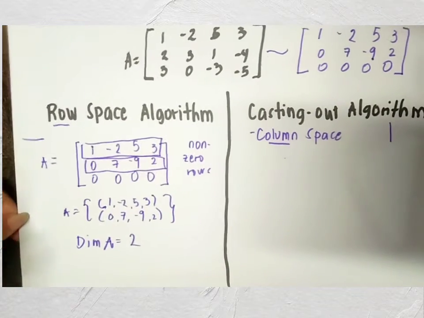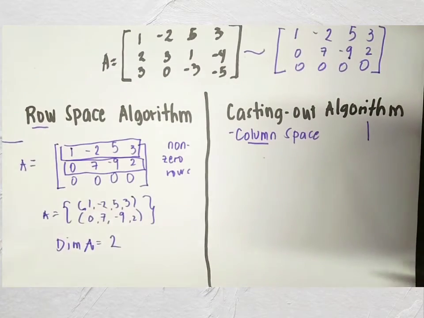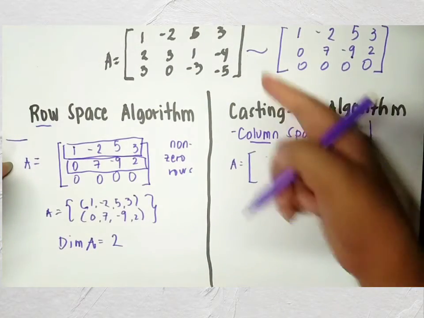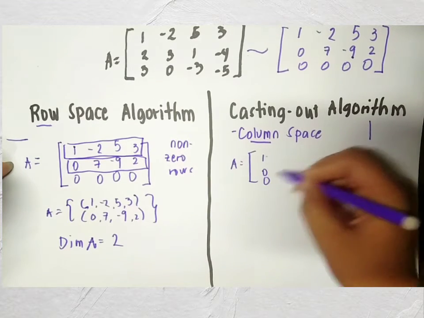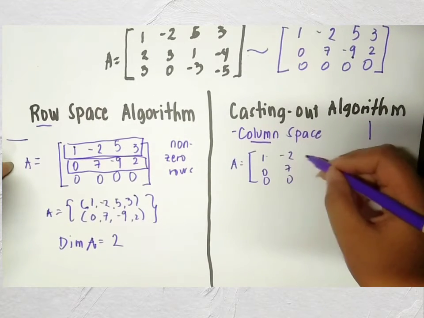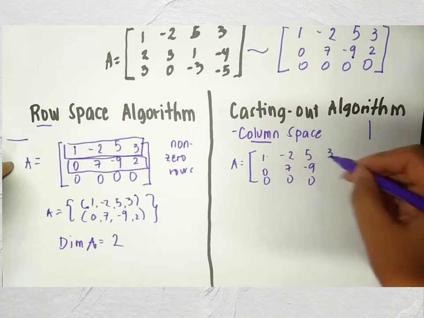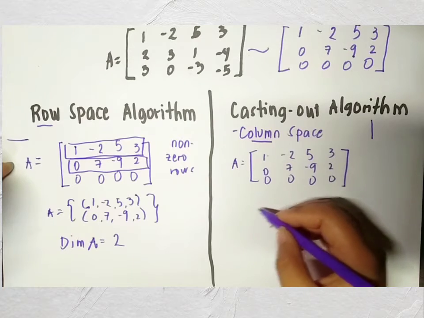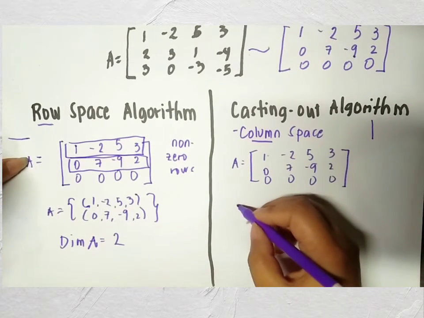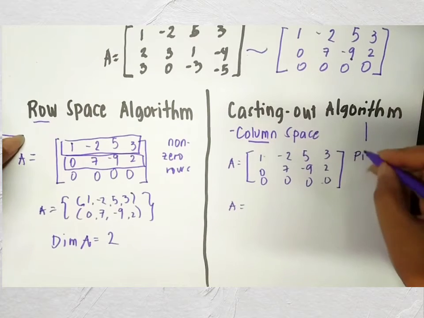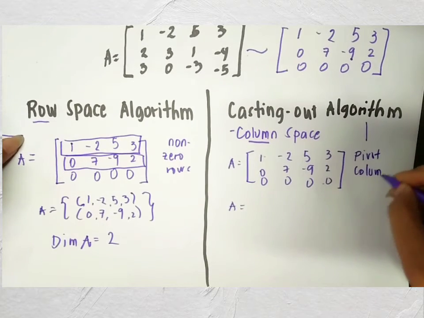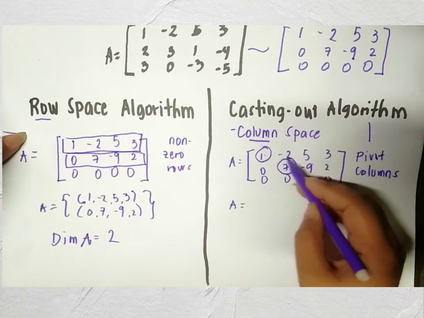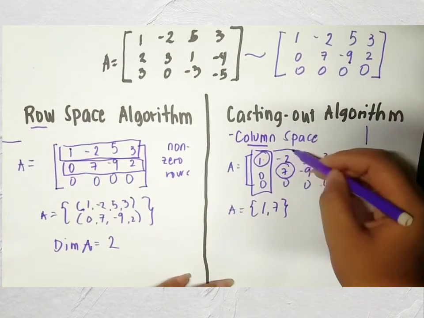So for our casting out algorithm or the column space, I just copied again the result from our given, which is 1, 0, 0, negative 2, 7, 0, 5, negative 9, 0, 3, 2, 0. And to know the basis of the column space, we will use the pivot columns, which are 1 and 7, in the first column and second column.